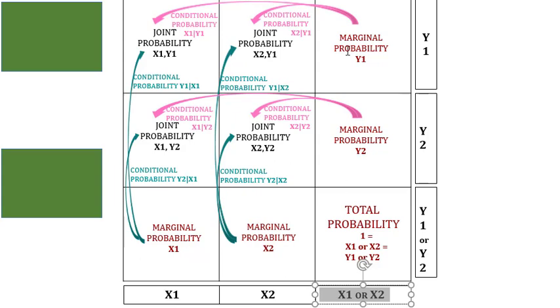Same here, marginal probability of y1 and marginal probability of y2, we add them together gives us 1, but we know by the sum rule that we need to subtract their joint probability, but we know they are mutually exclusive events, so their joint probability is 0.